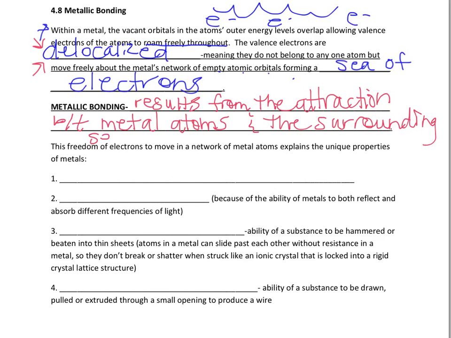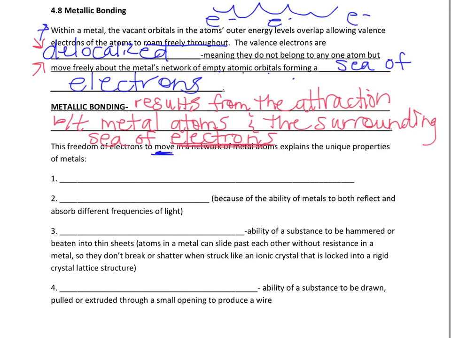And reflect again on the fact that metals like to form cations, which are positively charged, which is another reason they would be attracting electrons instead of repulsing them once they become charged. So this freedom of electrons to move about in a network of metal atoms explains the unique properties of metals.